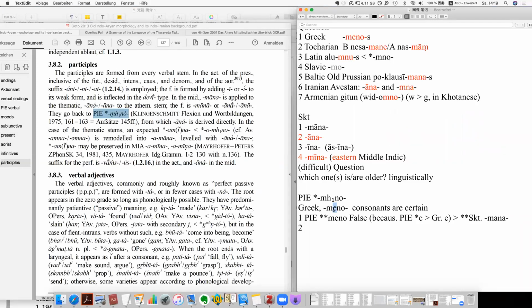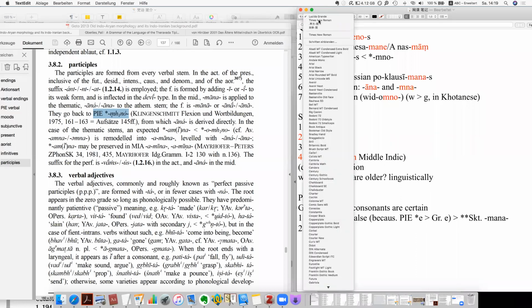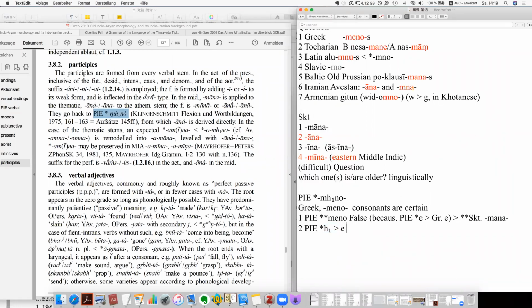Greek e goes back to a laryngeal. So another possibility is Indo-European H1. I think you all know that H1 becomes e between consonants in Greek.